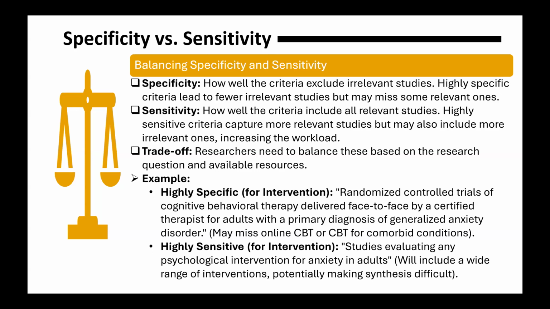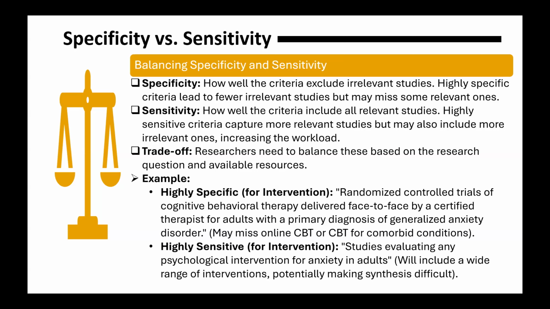When we talk about sensitivity, it has to do with how well your search is able to include as many relevant studies as possible. So a study that is highly sensitive has criteria that capture more relevant studies, but may also include more irrelevant studies, increasing the workload. A study that is highly sensitive will include as many studies as possible, but it will increase your workload.